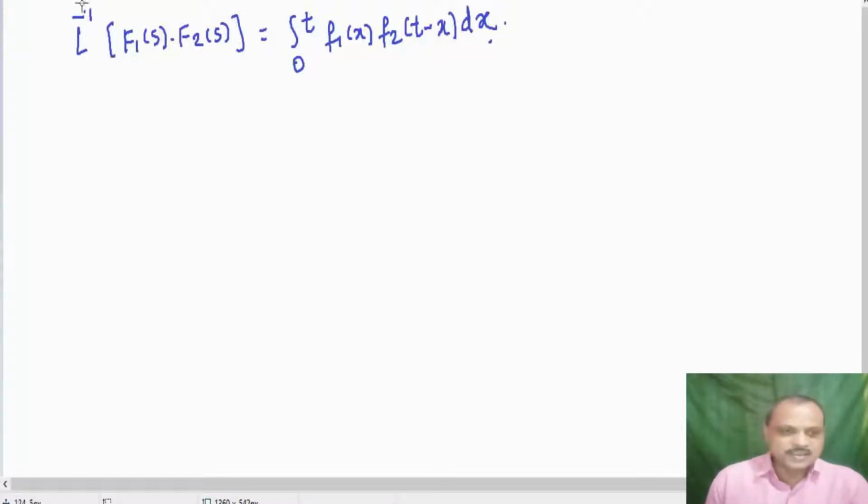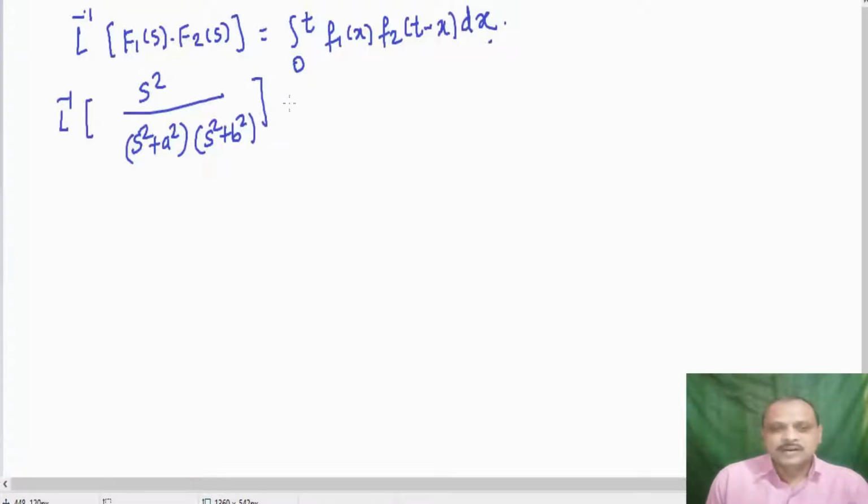So let us consider a simple example. Let us find L inverse of s square divided by (s square plus a square) into (s square plus b square).